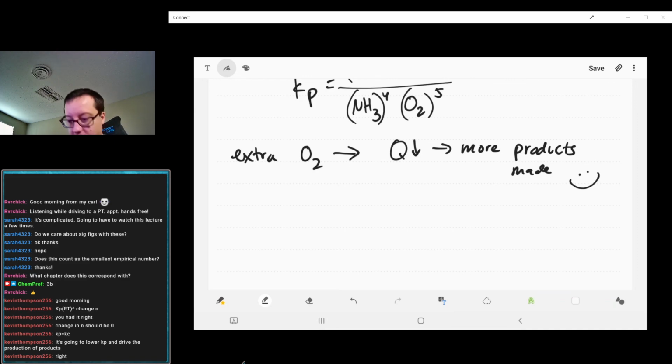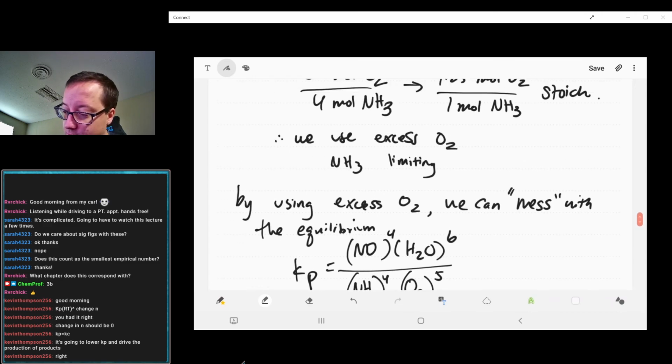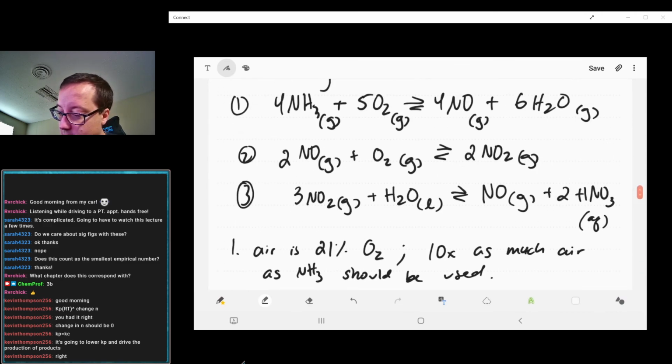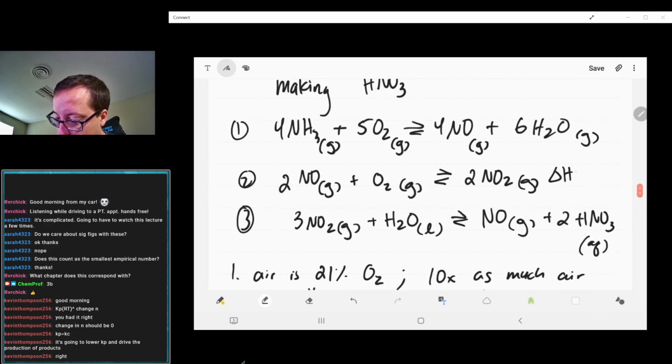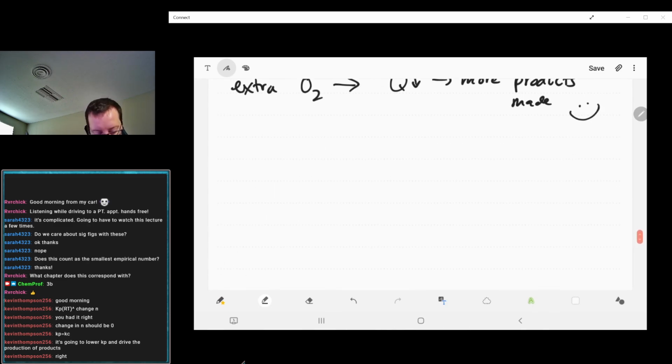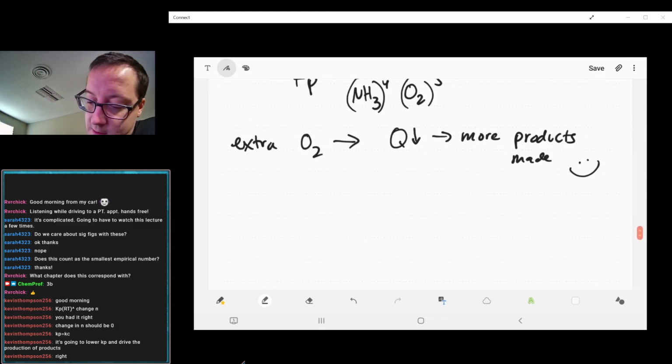alrighty, we're going to be given a delta H for this. Delta H is going to be equal to negative 114 kilojoules per mole. So what's going to happen if we mess with the temperature? Or let's think about it this way.